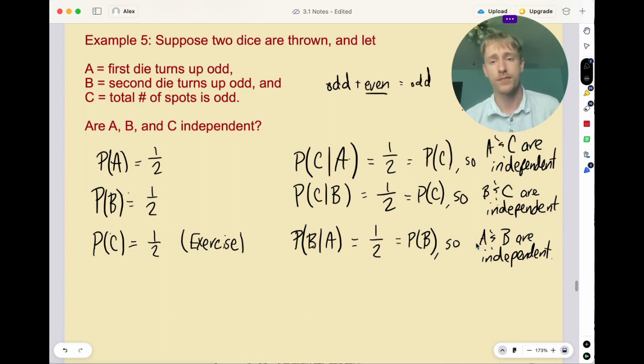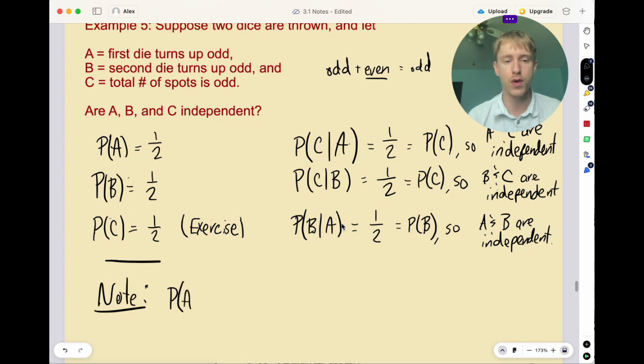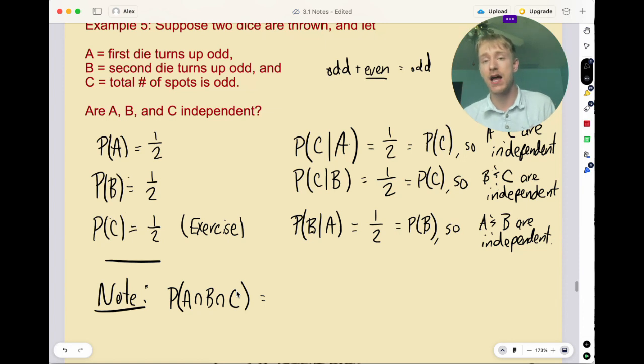However, let me compute the following. I want you to note that the probability of the triple intersection, A intersect B intersect C, is going to be what? If the first die turns up odd and the second die turns up odd, that means the sum is going to be even and never odd.